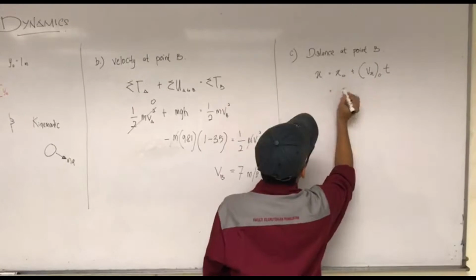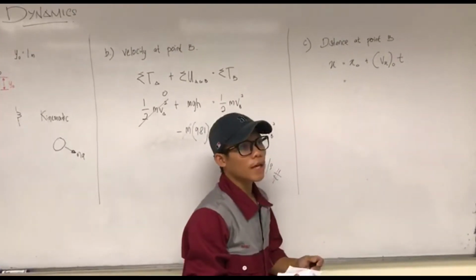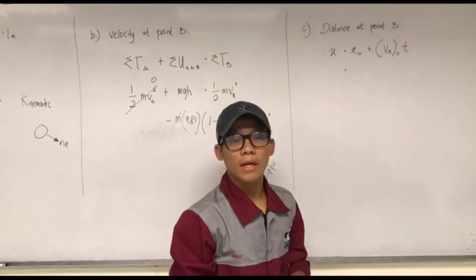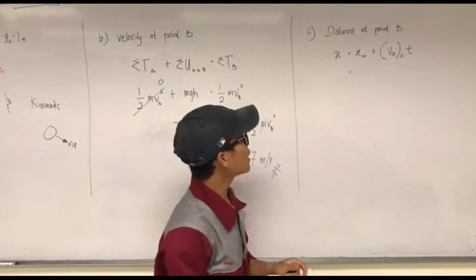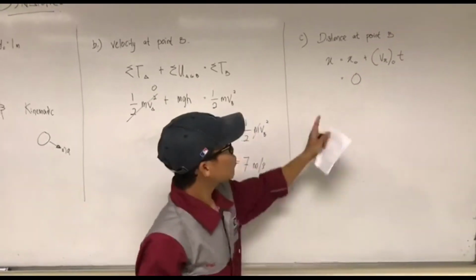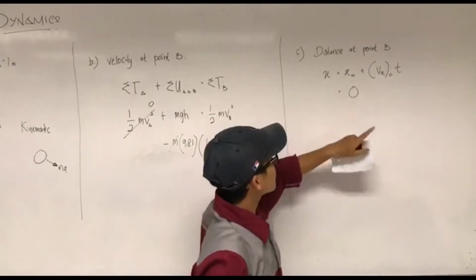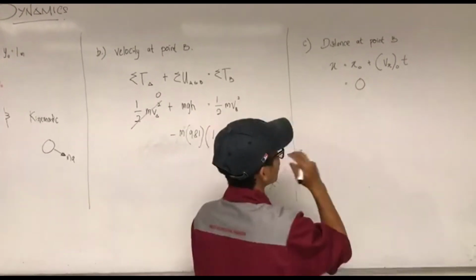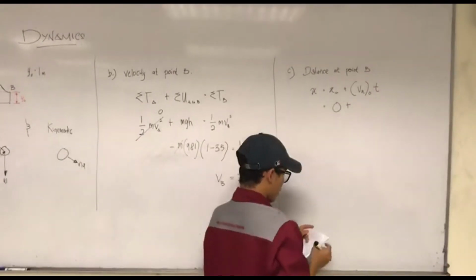So x naught, we get from the graph of assignment 1. We get x naught is 0. So we put the data in this equation. So plus Vx.